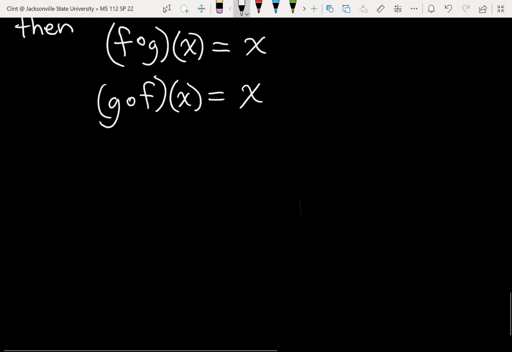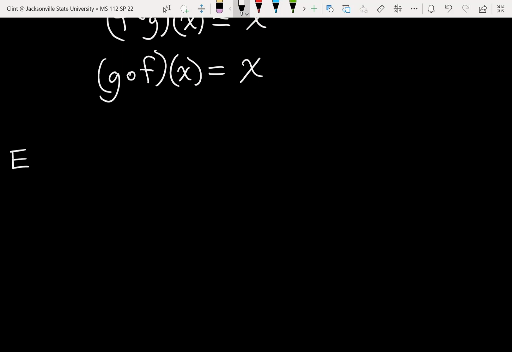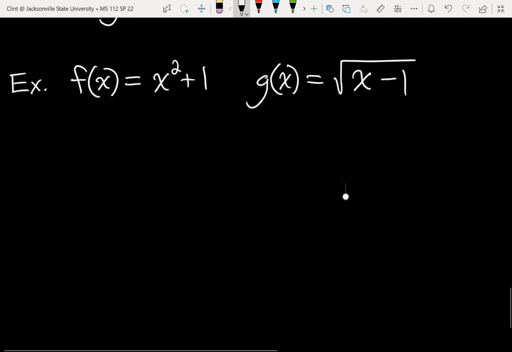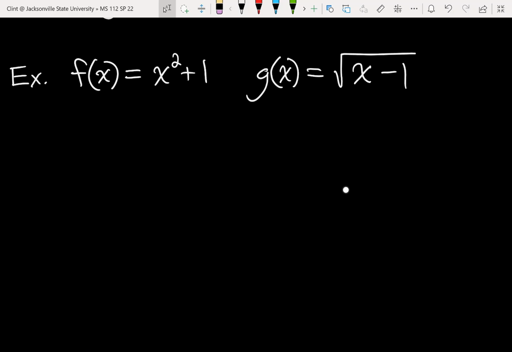Let's try that a little bit. We want to know, are f and g inverses?